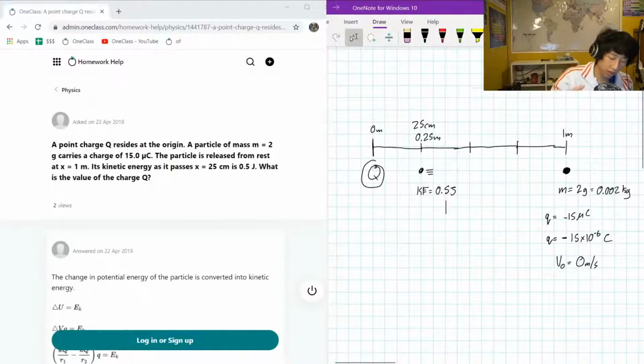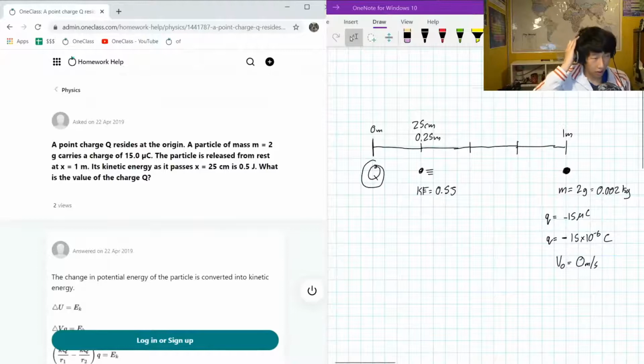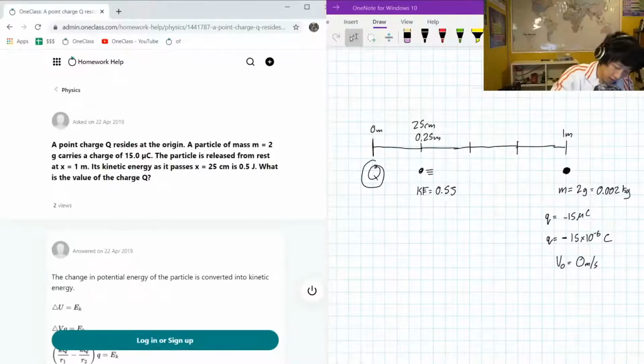So essentially we want to be thinking in terms of energy, right? Because we were given an energy value, and we know that we have a lot of things that could help us lead to a bunch of energy values. So that's the way that we want to proceed with this. We want to think about the conservation of energy.